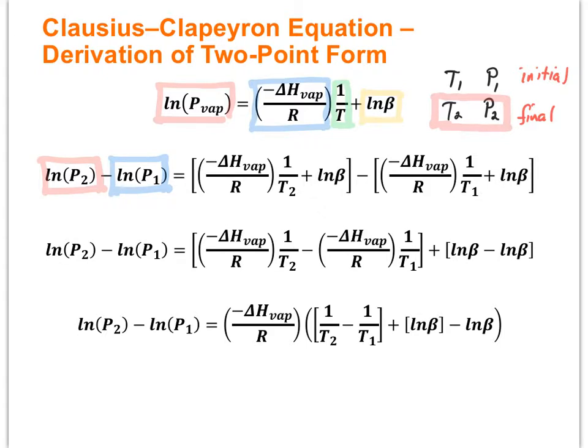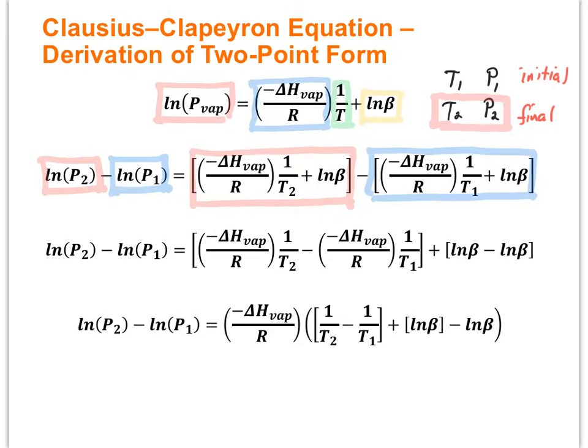Okay, so on the right side, we'll take, have to remember to change colors, we'll take 2, the final case minus the initial case. Okay? So can we see that?